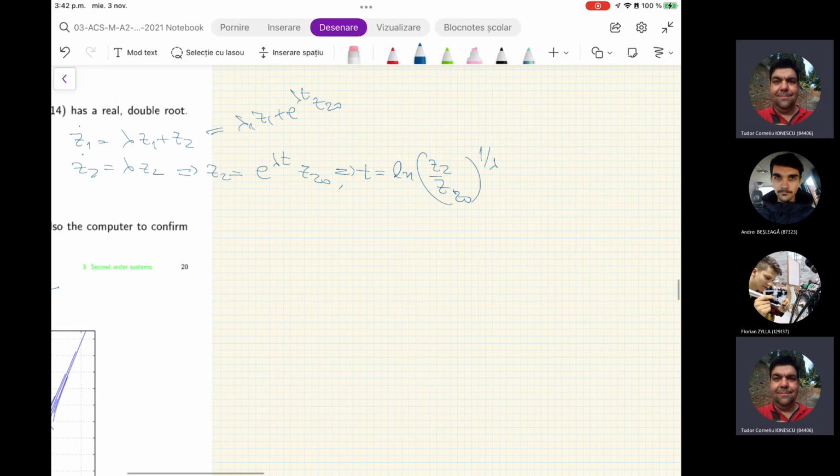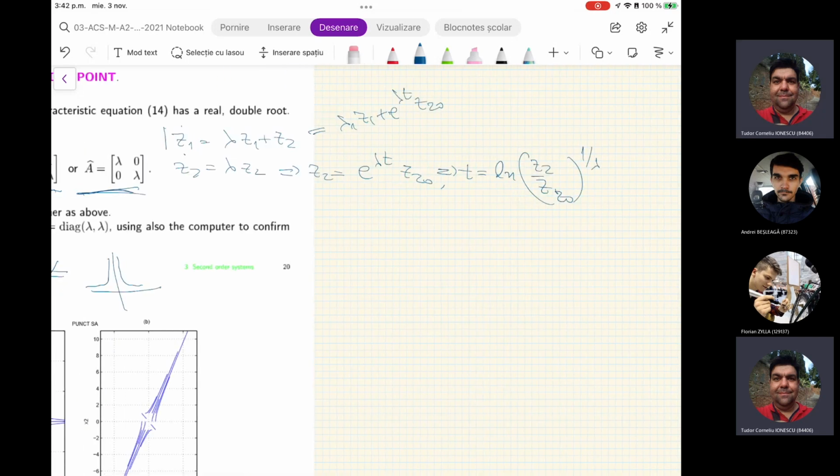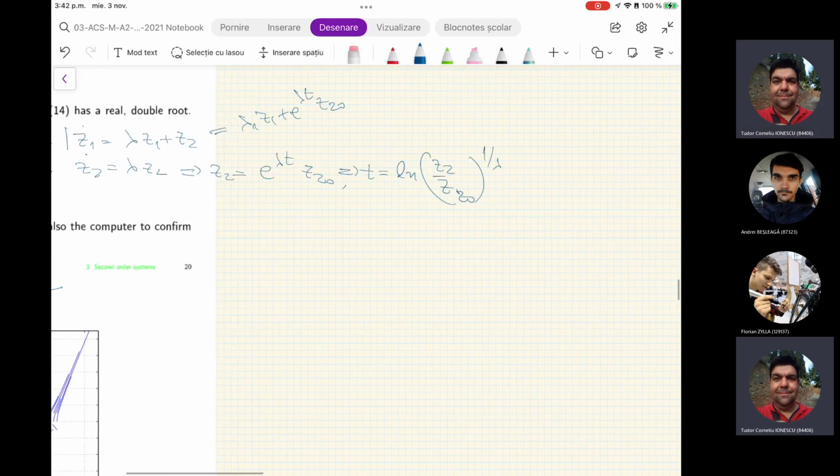For instance, I could apply the Laplace transform.